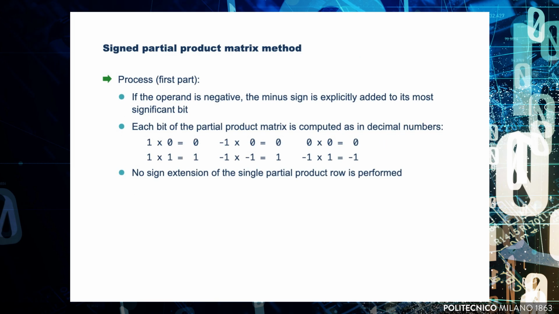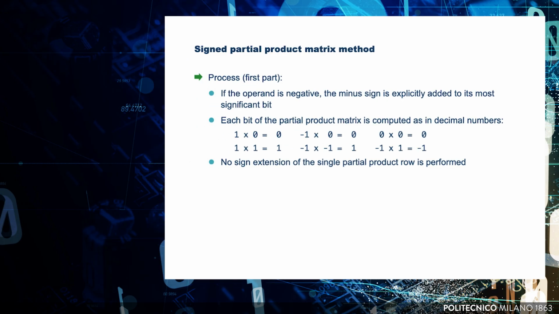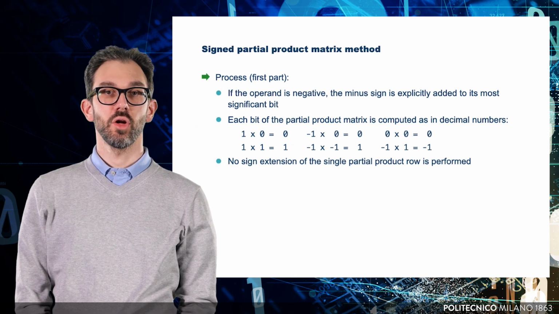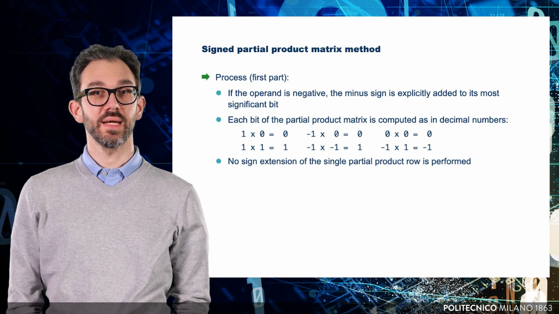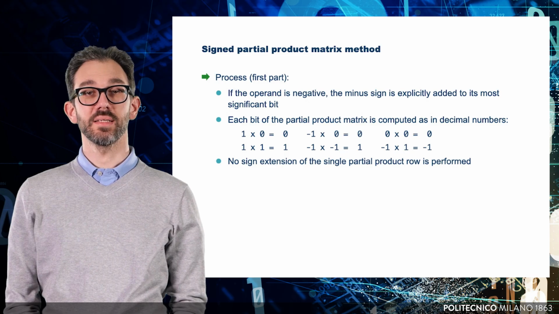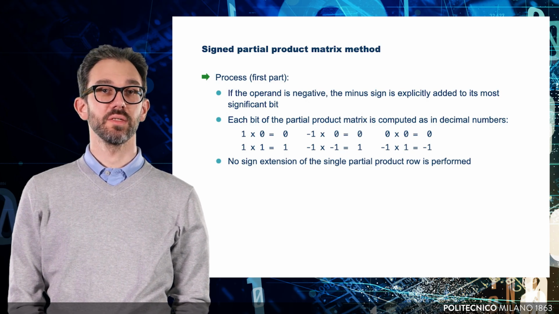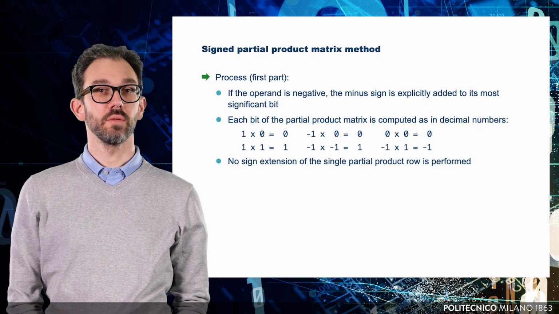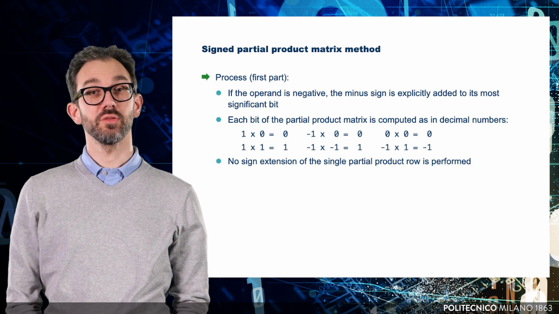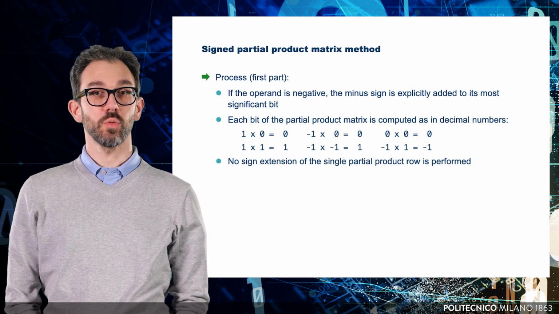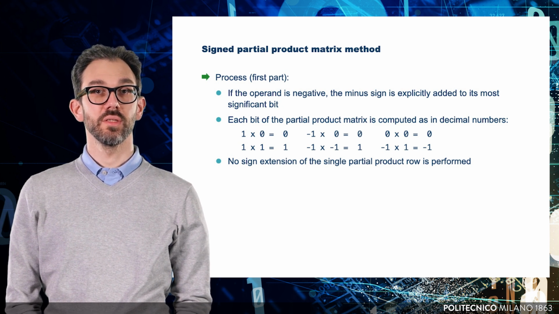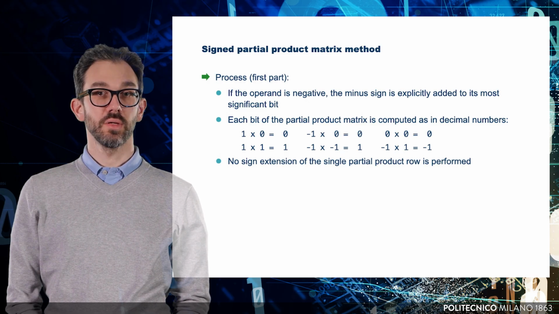The first method is based on the idea of explicitly handling the sign of the most significant bit in the partial product computation. For this purpose, each operand is analyzed, and if it is negative, the minus sign is explicitly prepended to the left of its most significant bit. Then, the partial product matrix is computed by performing bitwise multiplication and using the standard rules of decimal numbers.